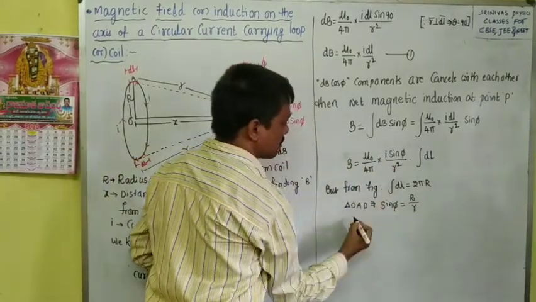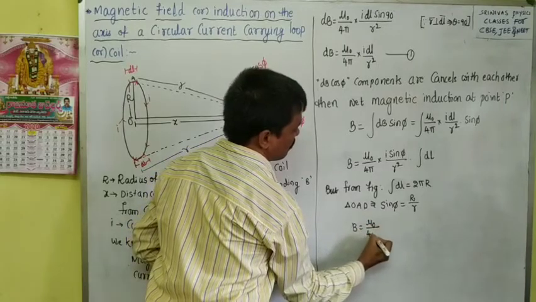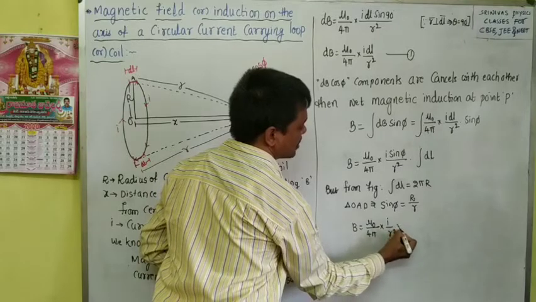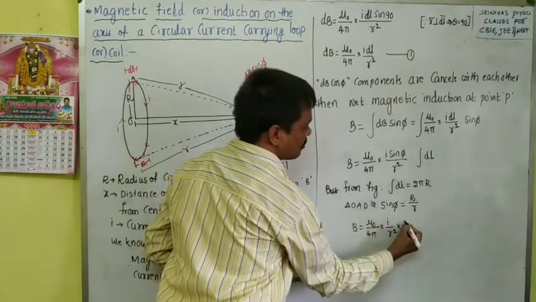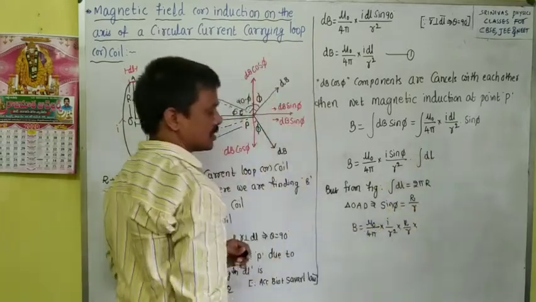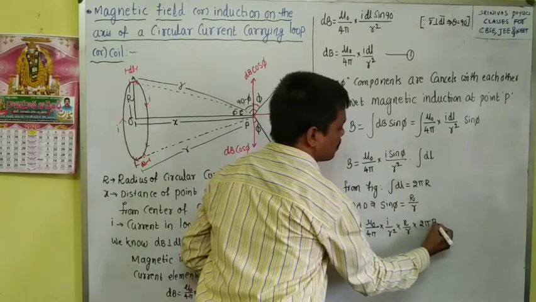These two we substitute in the above equation, then we get the B formula as mu naught by 4 pi into I by r square into sin phi, that is capital R by small r, into integration dl, which is 2 pi R. Now we simplify this.